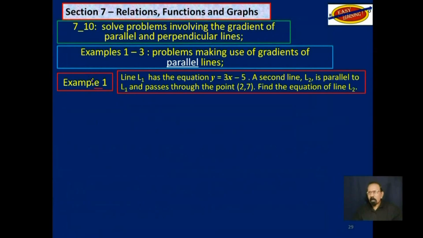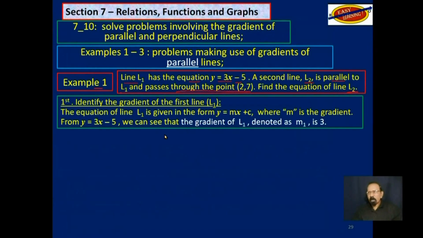Example 1. Line L1 has the equation y is equal to 3x minus 5. A second line, L2, is parallel to L1 and passes through the point (2, 7). Find the equation of L2. First, we will identify the gradient of the first line, L1.